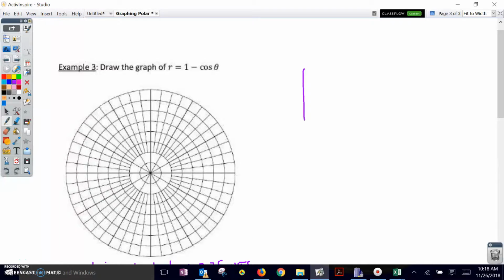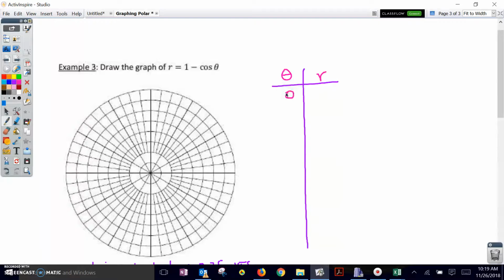Alright, so in order to draw the graph of r equals 1 minus cosine of theta, all I'm going to do is come up with a set of points. Actually, I want to switch those around because I'm going to be substituting values of theta in here to find the r values. So I'm going to start by cycling through common cosine values that I know.